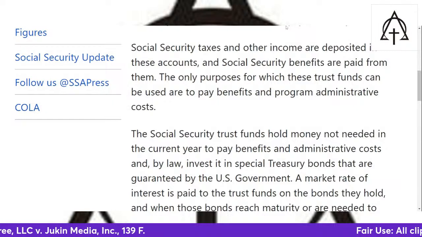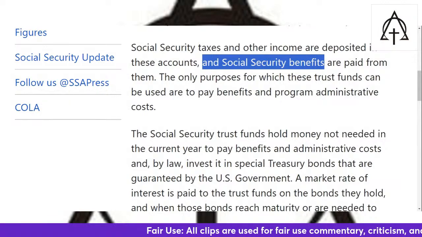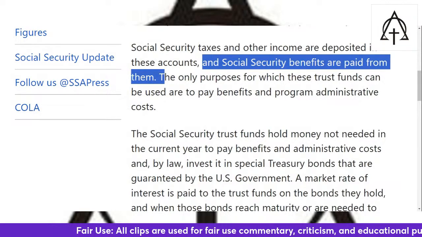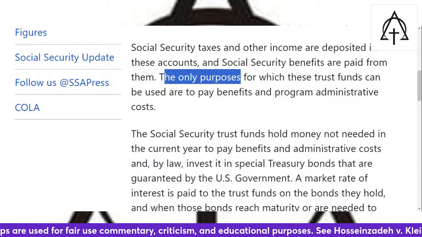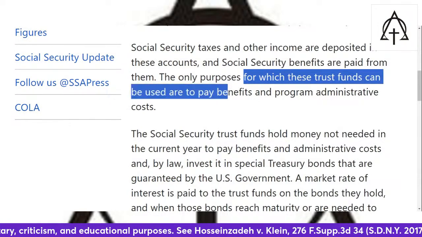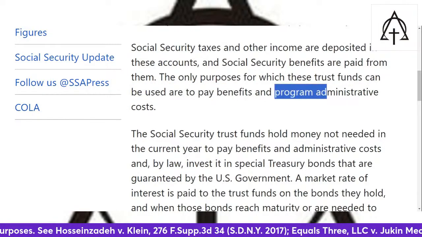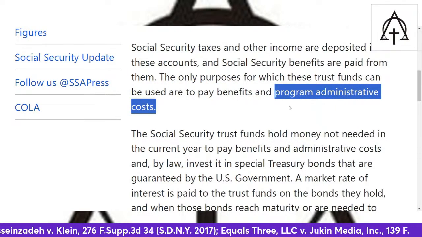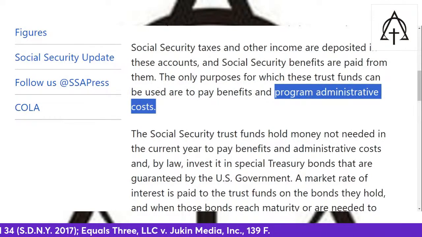This is the dumbfounded thing. And Social Security benefits are paid from them. The only purpose for which these trust funds can be used are to pay benefits and program administrative costs. How nebulous and vague.